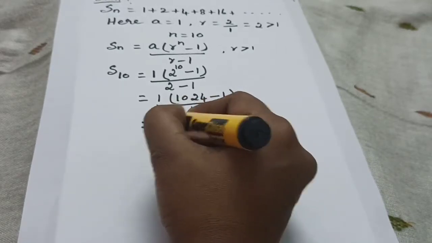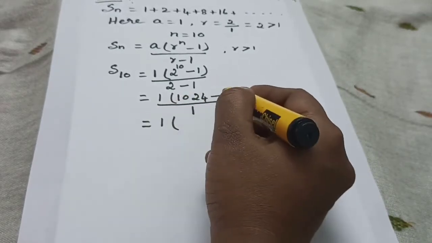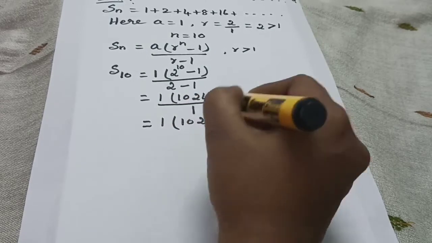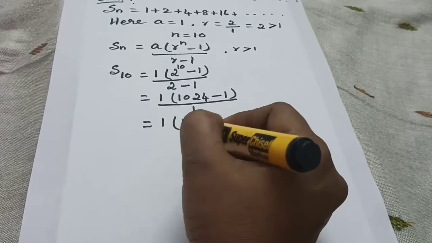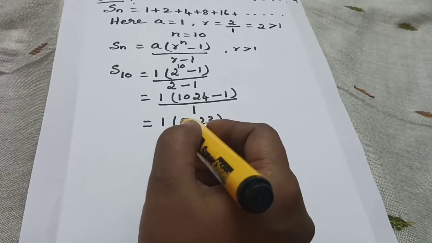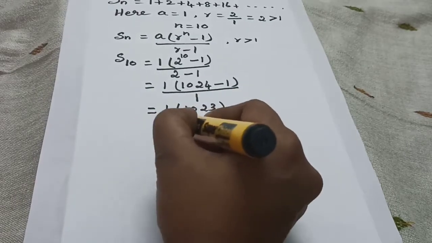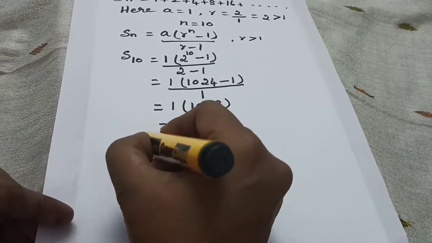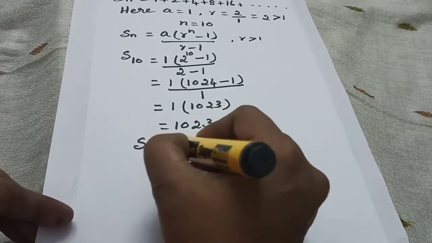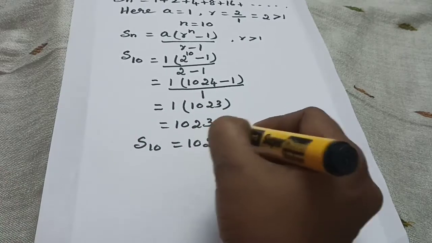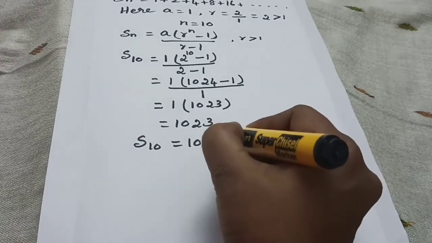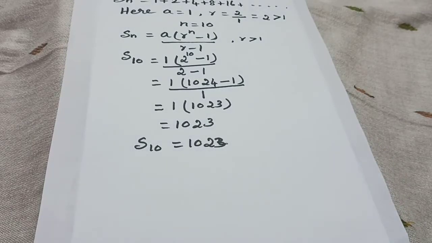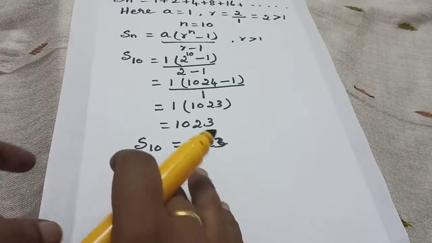Then 1 into (1024 minus 1) is 1023, divided by 1, the same number. Therefore the answer is S10 equals 1023.